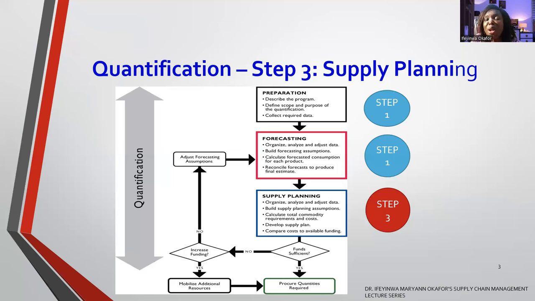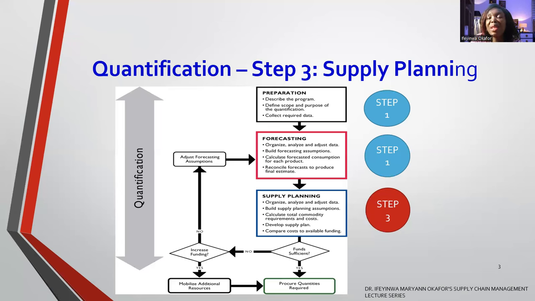And in that lecture, we also mentioned the steps that are involved in quantification. And we said we have 3 steps that are involved in quantification. The first step being the preparation step, the second step, quantification step, and the third step, supply planning.